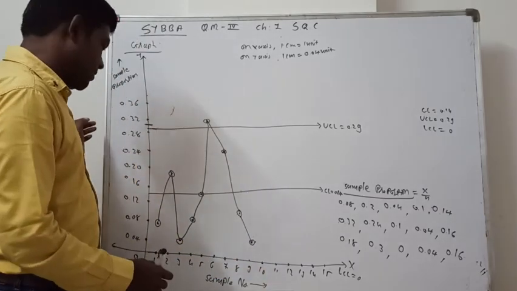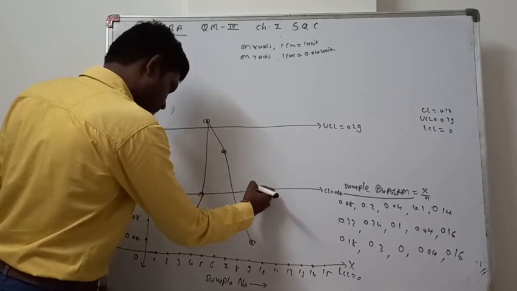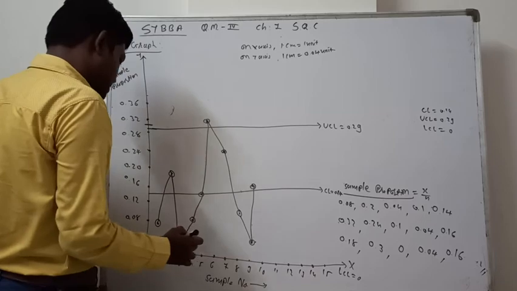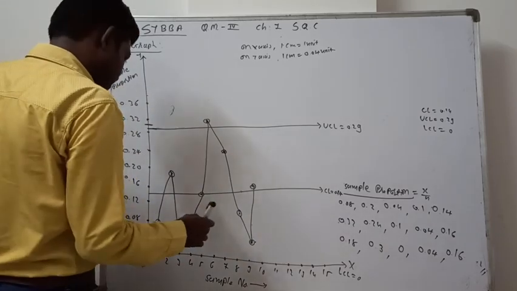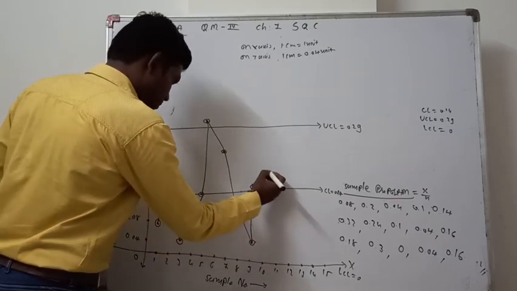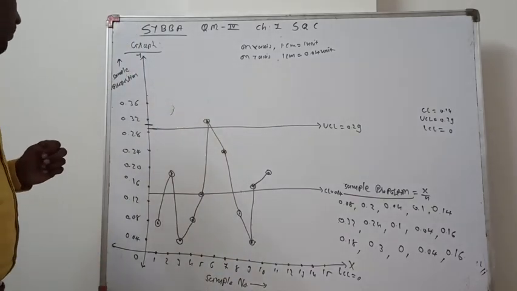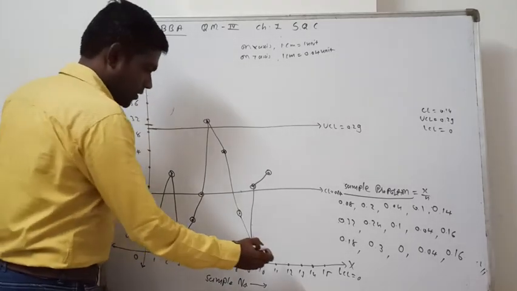Next 10th, that is 0.16, over here. Next 0.18, between 0.16 and 0.20. Next the 12th one, that is 0.3, between 0.28 and 0.30.